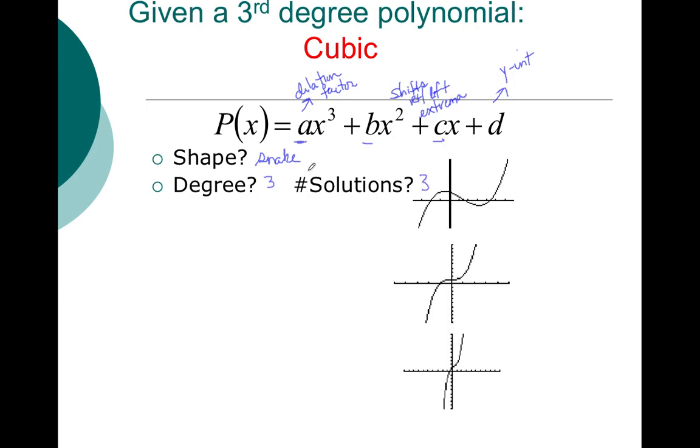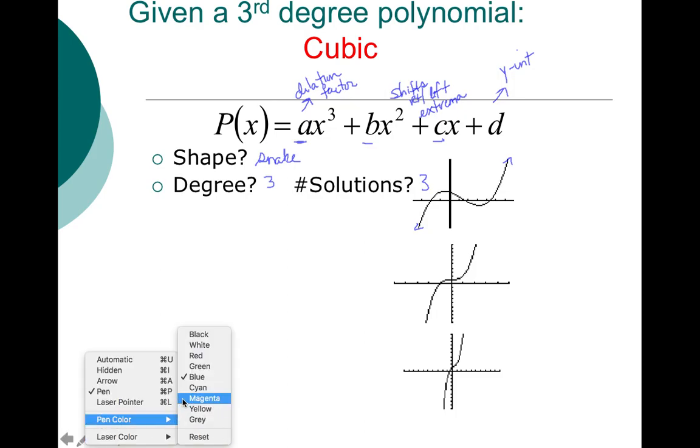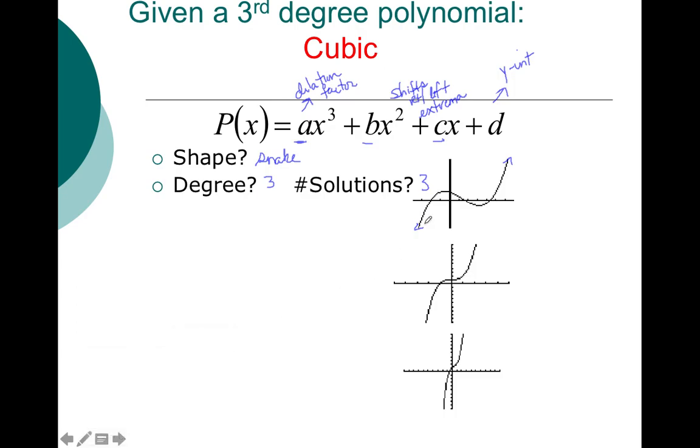So here's why I call these a snake. Now these should all have arrows, right? Here is one type of cubic function. This cubic function, the first snake, has both a local max and a local min. The second snake rises very quickly and then slows down.